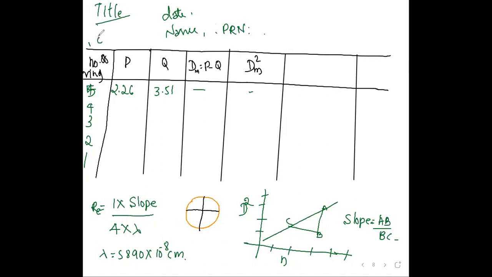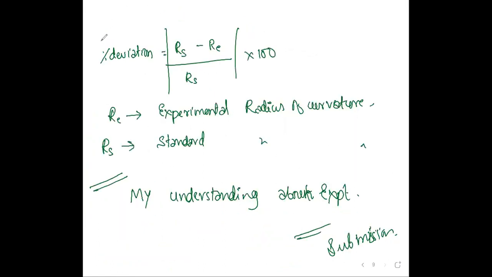Then write down the observation, that is finding the least count. The tabular column is there in the manual, so write that down. Then plot the graph. Then do the calculations. Then write down your understanding about the experiment and make the submission. That's it.